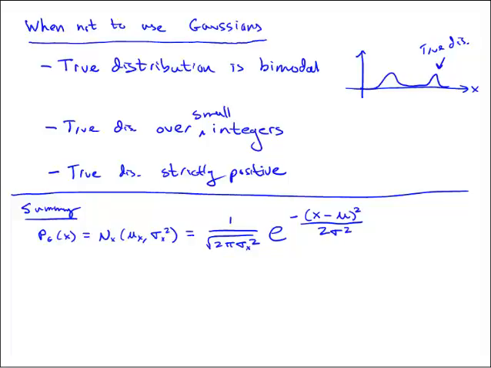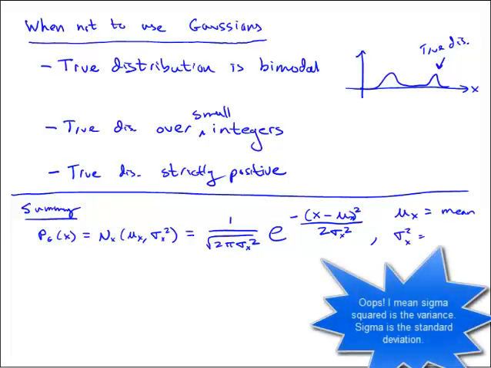I guess we'll give the mu's and sigmas little x subscripts to stay consistent. So that's what it looked like. And we had that mu sub x was the mean, and sigma squared sub x was the variance.